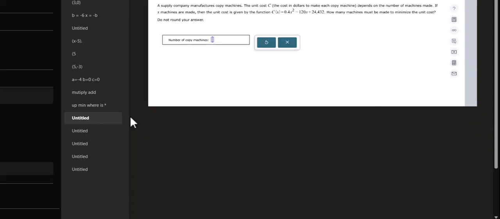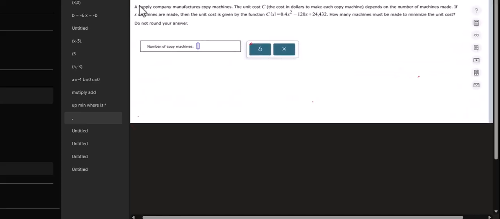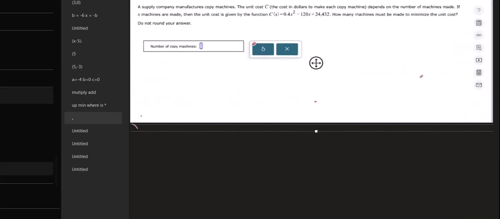A supply company, I was reading, manufactures nectarines. Okay. A supply company manufactures copy machines, does not manufacture nectarines. The unit cost in dollars to make each copy machine depends on the number of machines made.